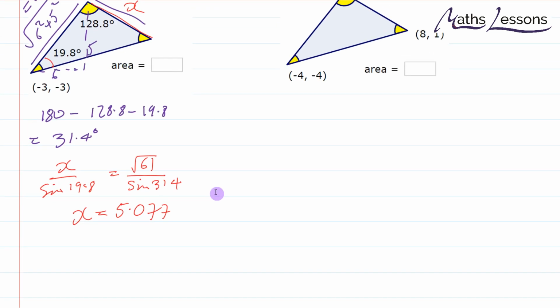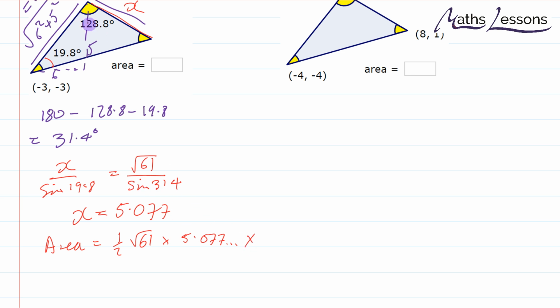Let's carry on with this question. We've got that side now, we've got this side, and we've got this angle. So the area will equal a half ab, so it's these two sides here: the square root of 61 times 5.077, and all the rest, always use the whole number.